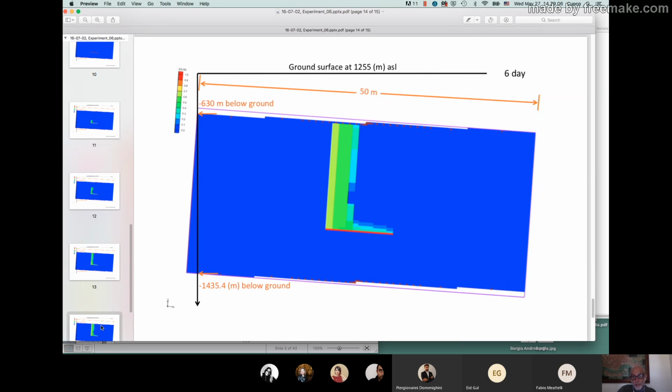And as time passes by, you get 70% CO2 saturation in the roof of the fault, 50%, and then about 30% almost all the way to the slip plane. So this is a fairly efficient way to fill in just the fault so that you can try to image the fault from the seismic point of view.